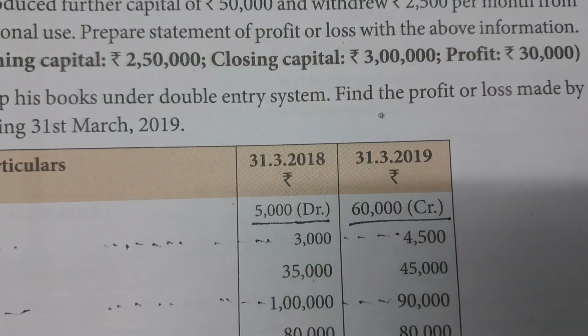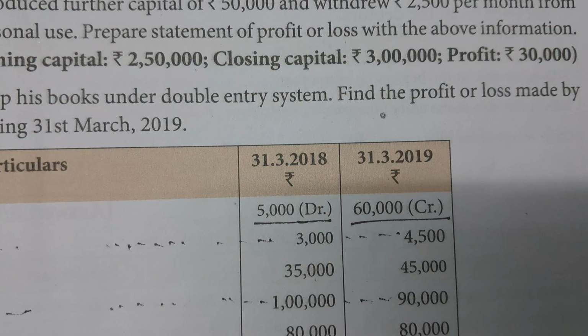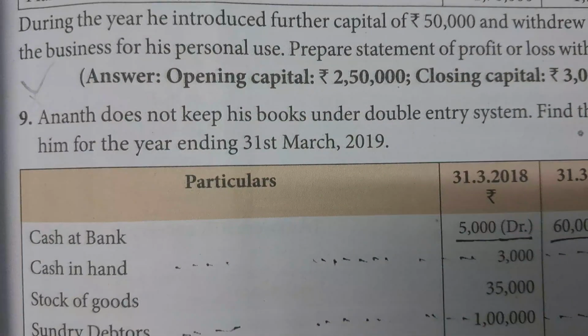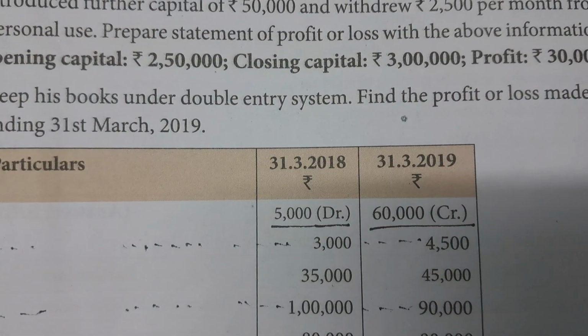Cash at bank. In the balance sheet there is no debit or credit, but we may assume the asset side is the debit side. So 5,000 rupees cash at bank should be entered in the asset side of the statement of affairs.